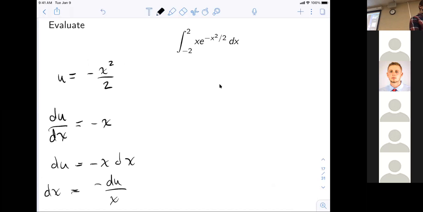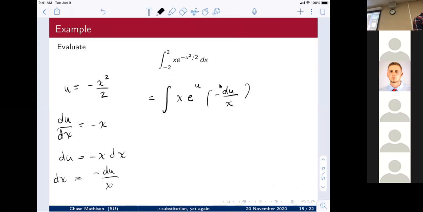All right, so the one other thing that we're going to do now, this is a definite integral. I don't want to have to do all the work of finding the antiderivative first, then coming back and plugging in. I just want to jump straight to another definite integral. Okay, so this is equal to an integral from somewhere to somewhere of x e to the negative x squared over 2, which is u, and dx is negative du over x, right?